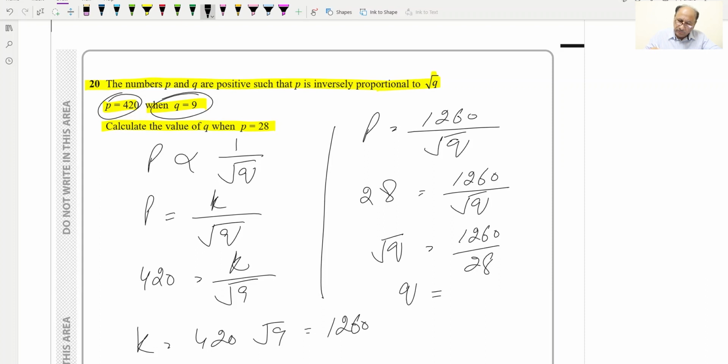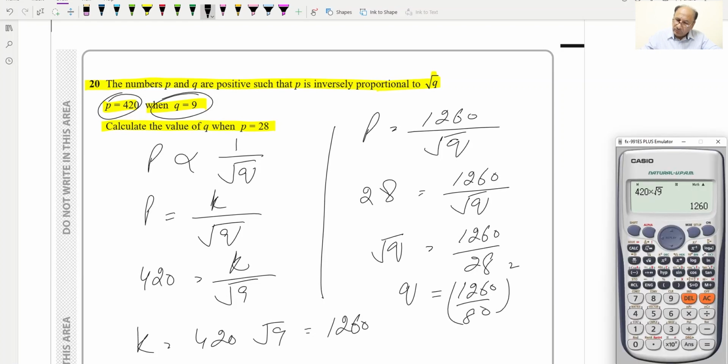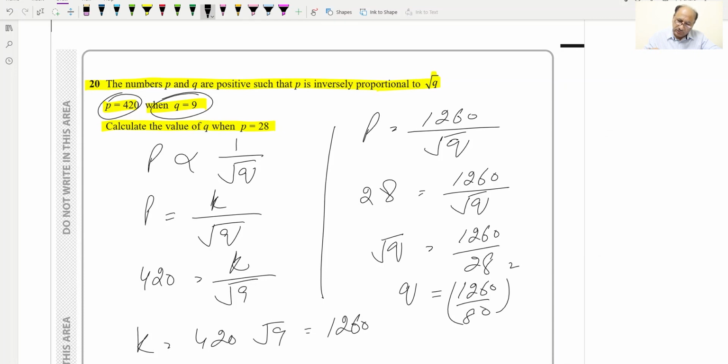So this will be 1260 over 28, squared. Sorry, I wrote 80, but it is 28, I made a mistake.